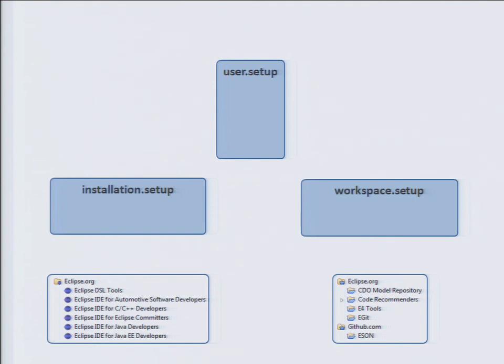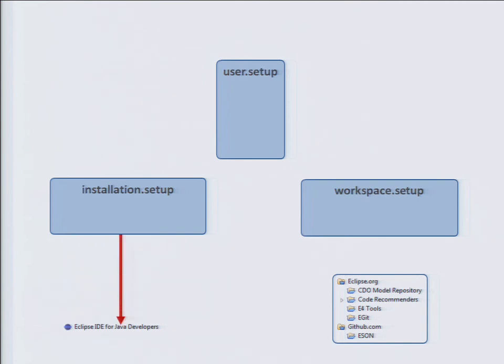Because that is not so easy for a beginner, it is possible that you point to existing collections of tasks in catalogs that we provide. For example, you can point from the installation setup to a ready defined product. And this product also contains setup tasks, a number of them.